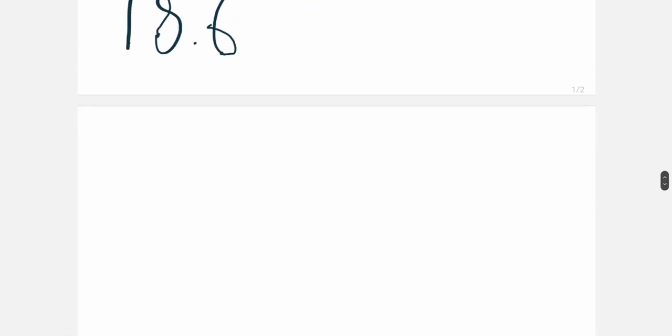Okay. So, on this page, we are going to have the equation, if my pen wants to work, there we go. We can have y equals x.